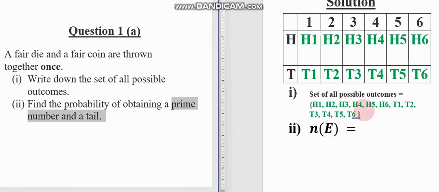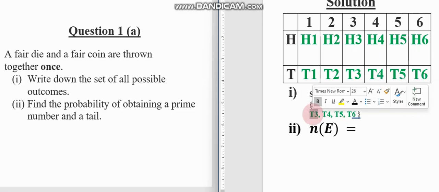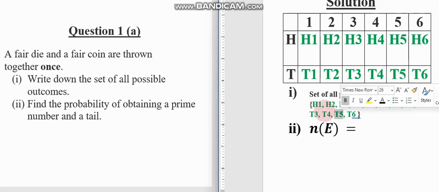So in the set of possible outcomes, we look at where there is a prime number and a tail. That means the head is not going to be part. The prime numbers are 2, 3, and 5. 1 is not a prime number. And they are also having a tail because the question says prime number and a tail, not prime number and a head.